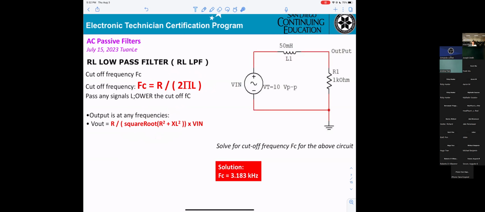But I want to make sure you understand: when you're looking at a passive filter, you recognize whether it is a low pass filter or a high pass filter, using either RC or RL.